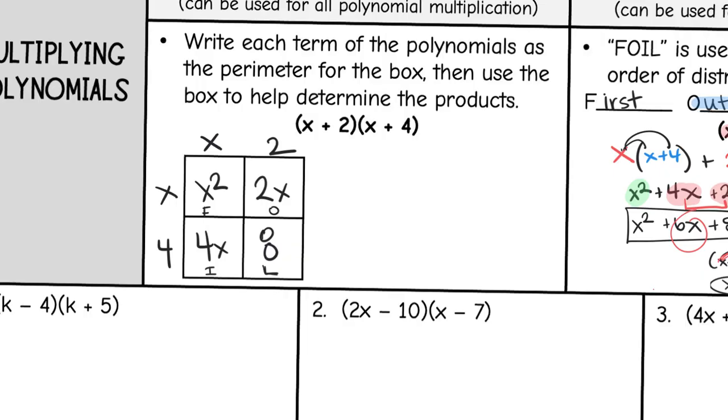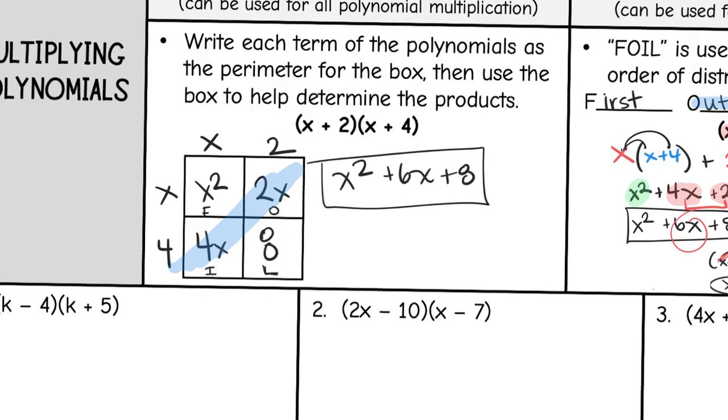And then I can see that if I have a linear binomial times another linear binomial, you'll often see the like terms right there on that diagonal. So to finish, I would say x squared, combine 4x plus 2x to get 6x, and then plus 8.